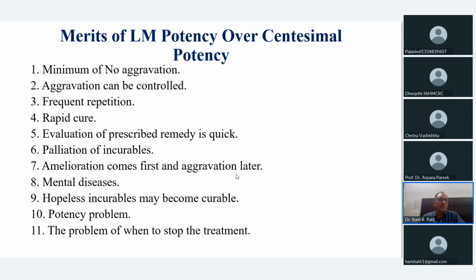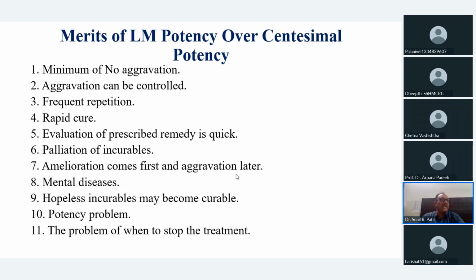And the eighth is an important thing: mental diseases. The centesimal potency may produce a state of aggravation in cases of mental diseases, which is very dangerous.